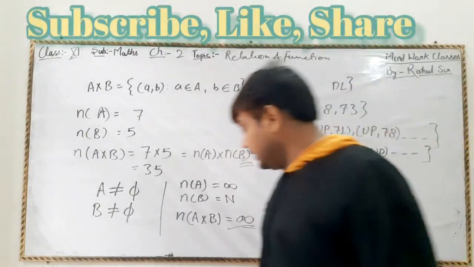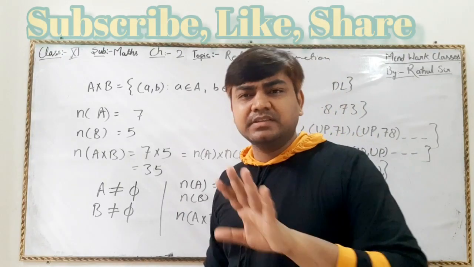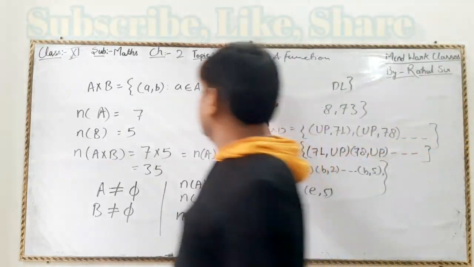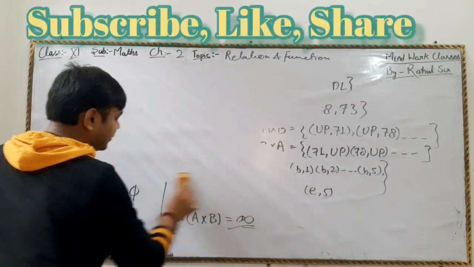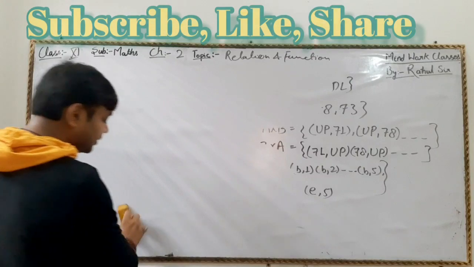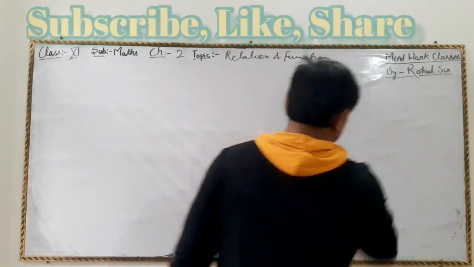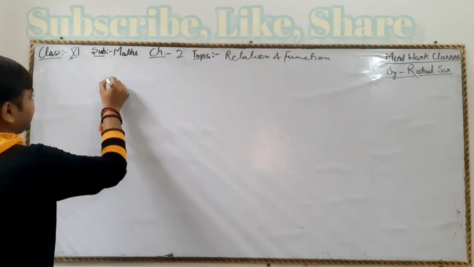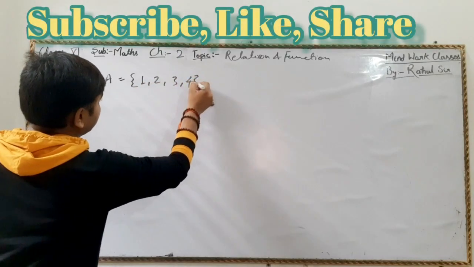Now let us understand about the Cartesian product of three sets. This is a similar case as the previous one. If you multiply three different sets and find the Cartesian product of that, the same concept will be applied in this case also. There is no difference in this case. Like, set A has 1, 2, 3, 4.